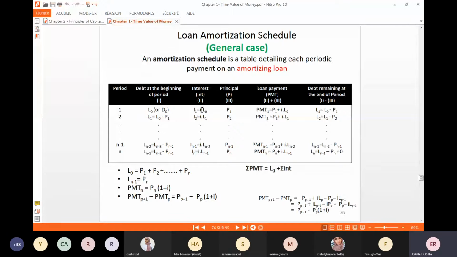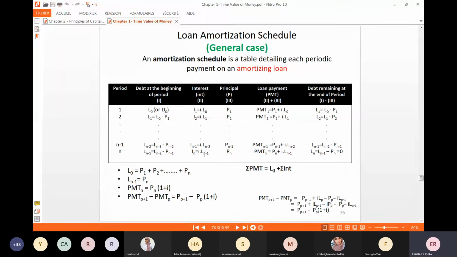and to keep this formula unchanged, because we said that the interest is always computed by multiplying the interest rate by the balance, the amount of the loan not yet reimbursed at the beginning of each year. So to get a constant interest here, since I is constant, the amount of the loan not yet reimbursed at the beginning of each period must be constant. So L0, L1, Ln minus 2, Ln minus 1 should be constant.